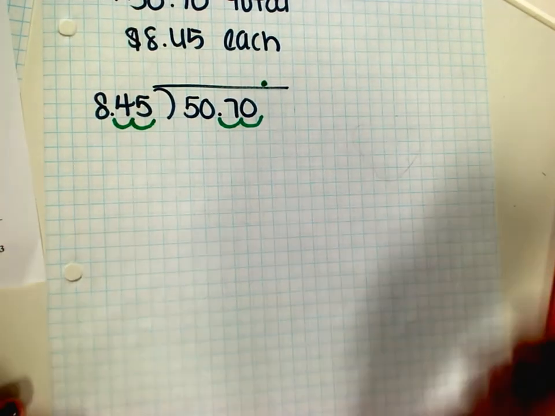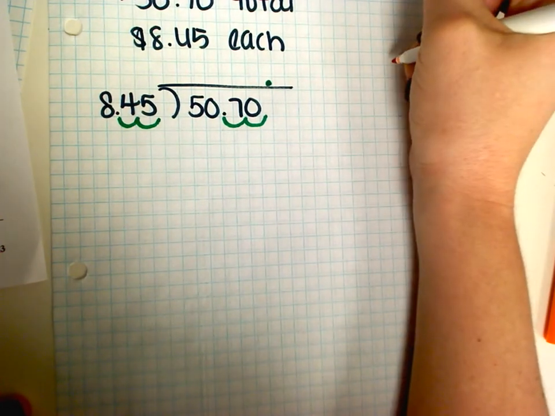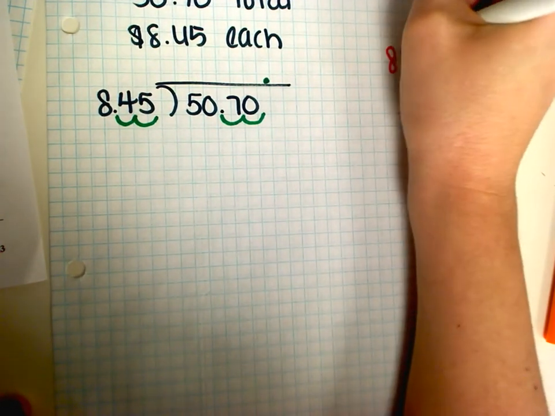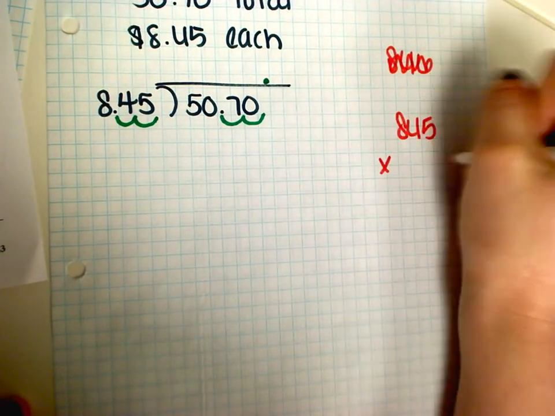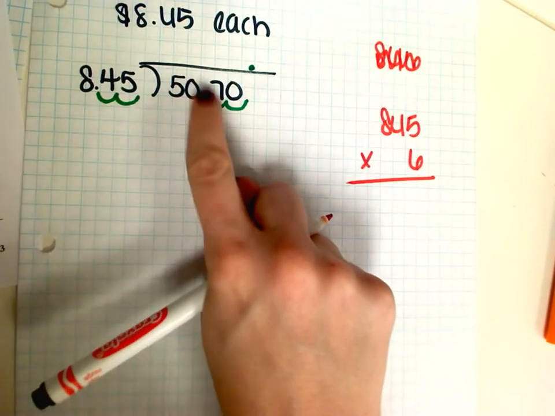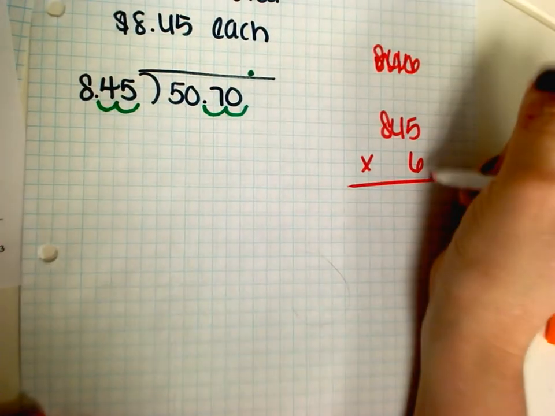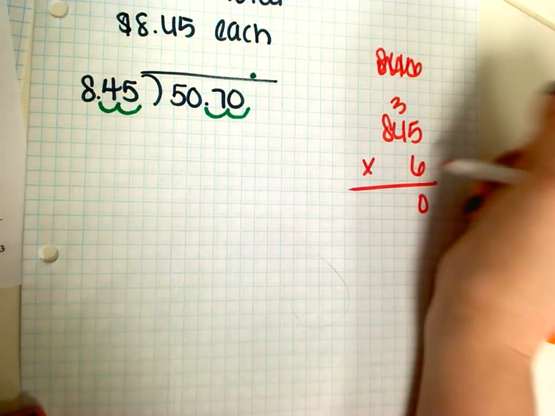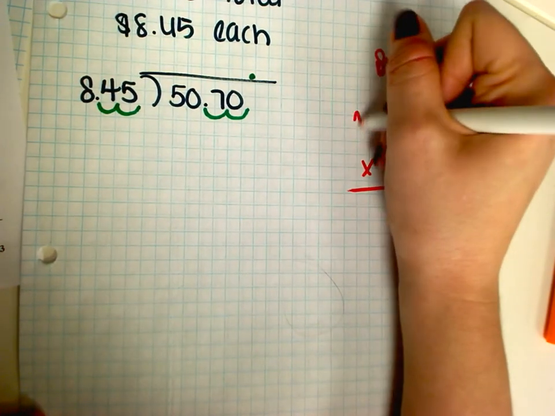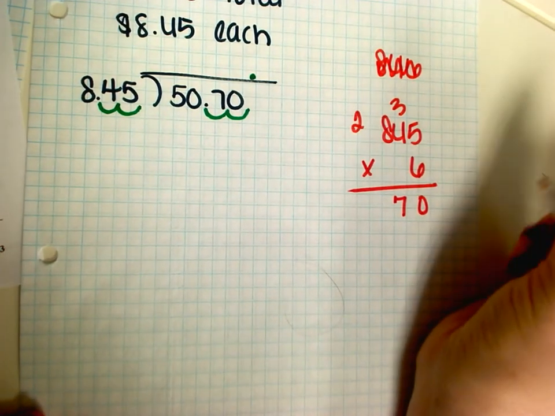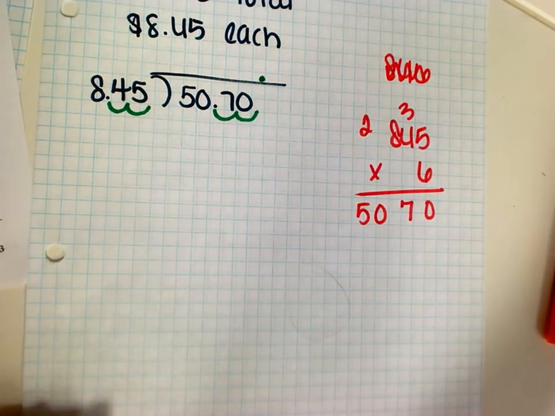Go ahead, Jonathan. 6. Let's try 6. 845 times 6. See what we get. We're looking for something close to 5,070. 5 times 6 is 30. Put the 0 down, carry the 3. 4 times 6 is 24. Plus 3 is 27. Yes. That's right. 8 times 6 is 48. Plus 2 is 50. Oh my gosh, look at that. It is exactly this.